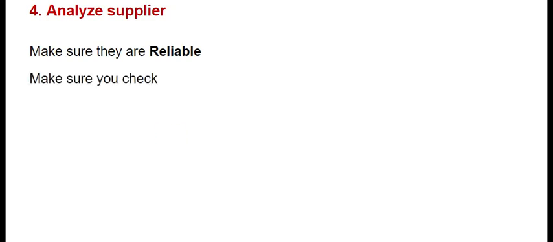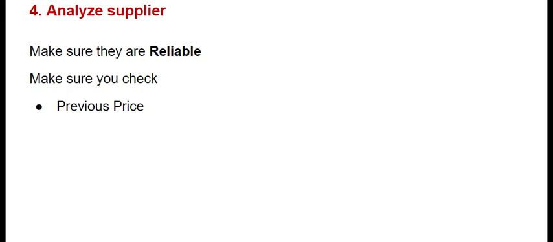Fourth point is analyze your supplier. Your supplier has to be reliable. First thing you need to do is make sure you check what price they are providing and what was the previous price of the part.